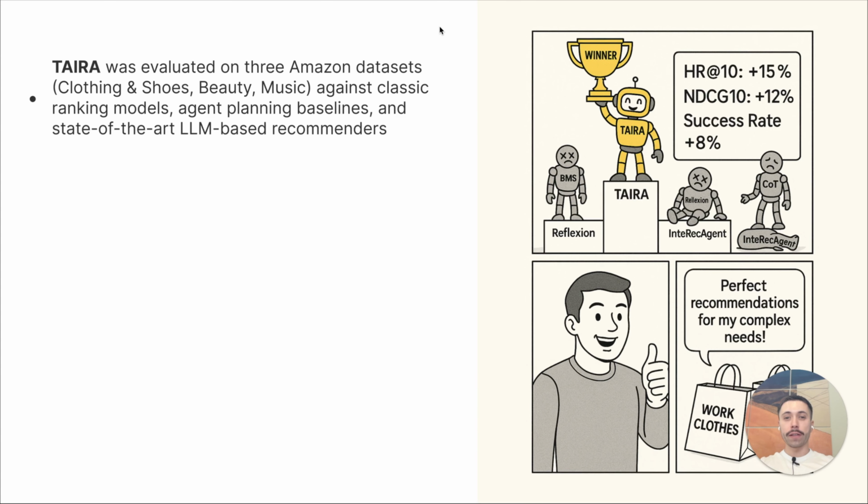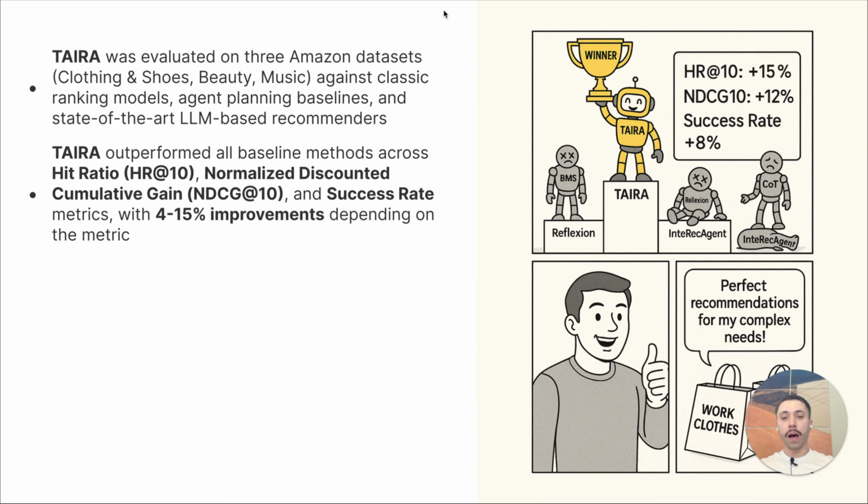TAIRA was evaluated on 3 Amazon datasets against classic ranking models, agent planning baselines, and state-of-the-art LLM-based recommenders. It outperformed all baseline methods across hit ratio, normalized discounted cumulative gain, and success rate metrics, delivering 4 to 15% improvements, depending on the metric.